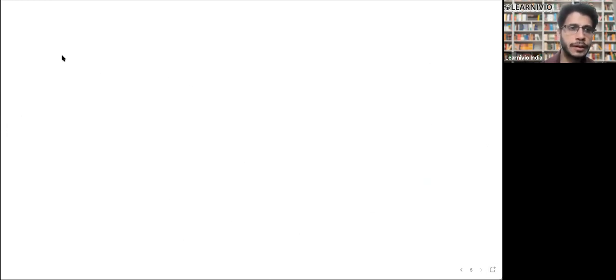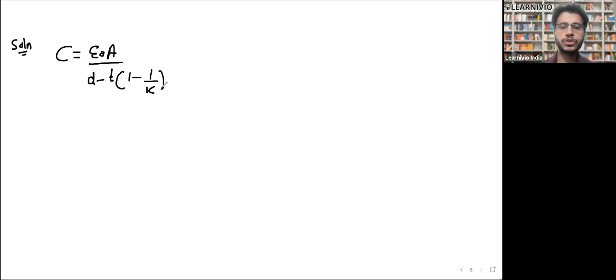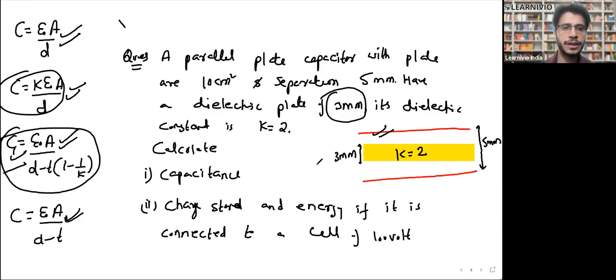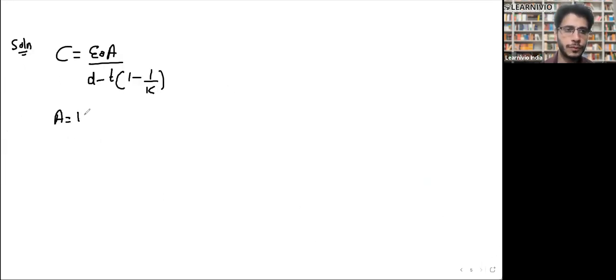See, the expression of capacitance is C is epsilon naught A over D minus T (1 minus 1 by K). You just have to substitute these values. How much is the area? It's 10 centimeters square. So that's 10 into 10 raised to the power minus 4 meters square.